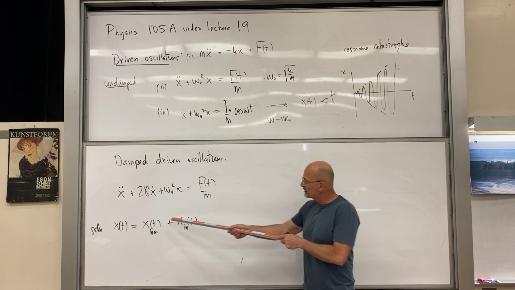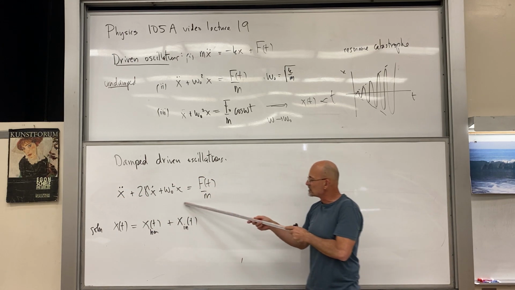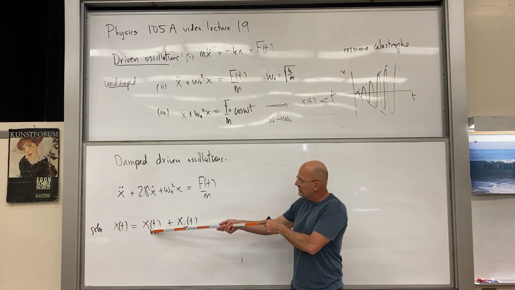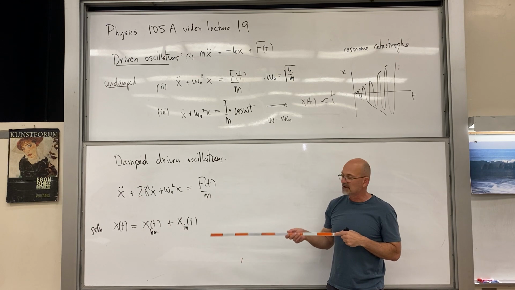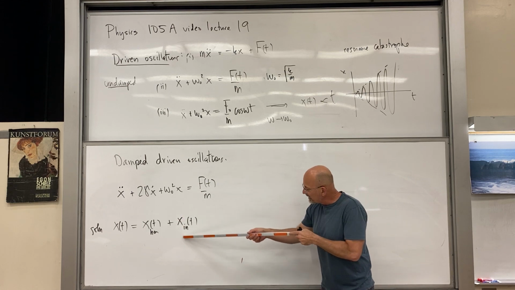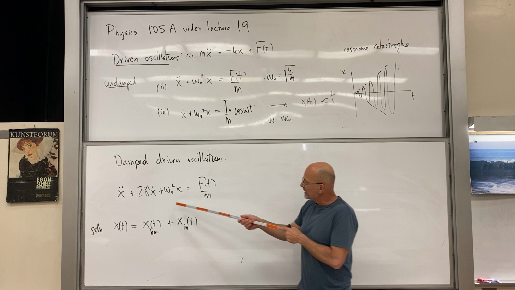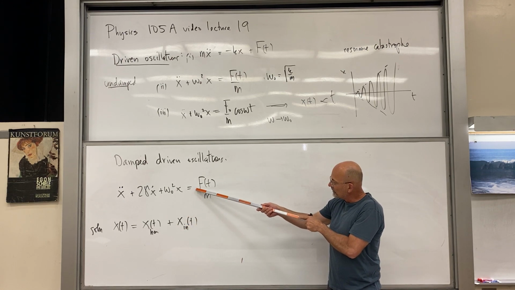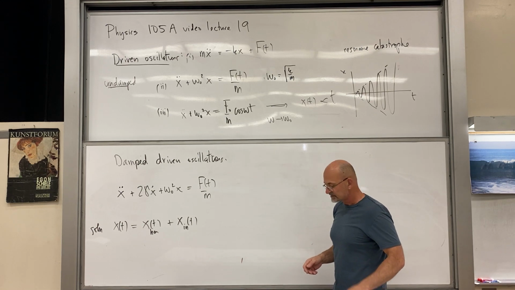Because if you take this solution here, both of these parts, into this differential equation, for the homogeneous equation, these operations equal 0. Okay, so you're done. So we need one particular solution, one inhomogeneous solution. Then when we apply this operation to it, the right side is equal to f of t over m.